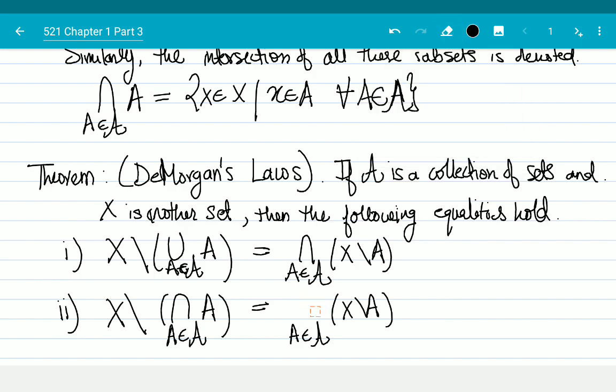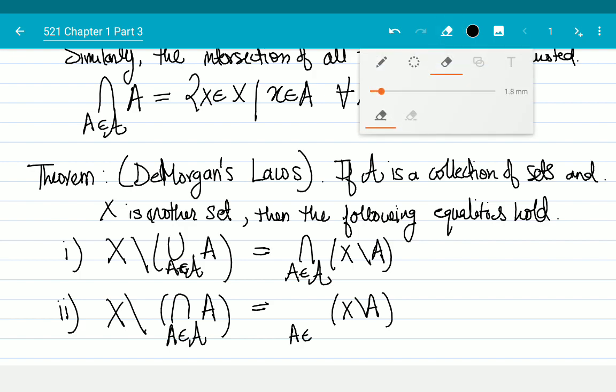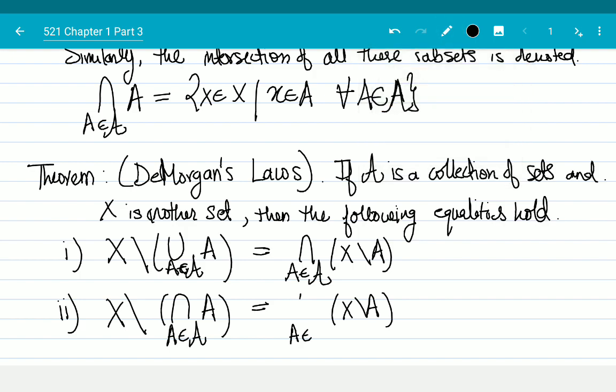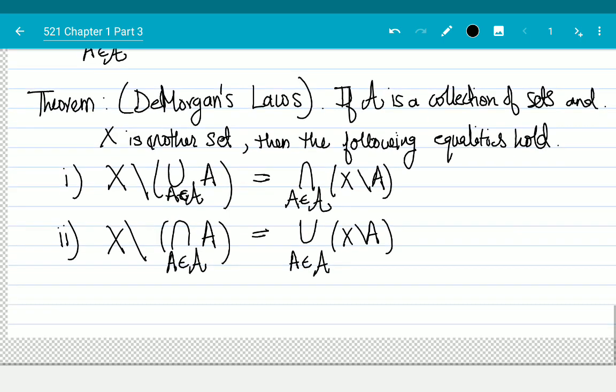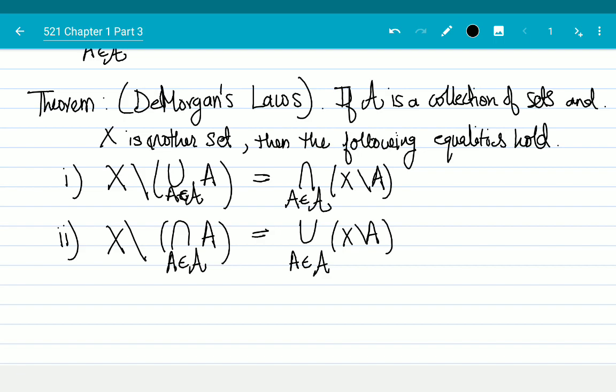So X minus the intersection of all sets A is the union of the X minus A's. So you might have seen this before in terms of A complements, or otherwise just like this.